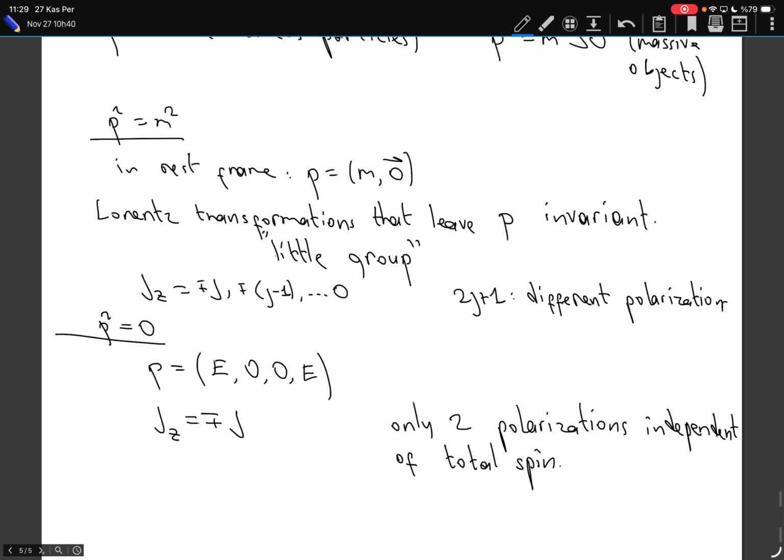For example, the photon, which is a vector particle, is massless. It only has 2 polarizations. It doesn't have 3 polarizations. But W bosons, or Z, are vector particles that are massive, so they have all 3 polarizations. The rho meson is a vector particle. It also has all these 3 polarizations.